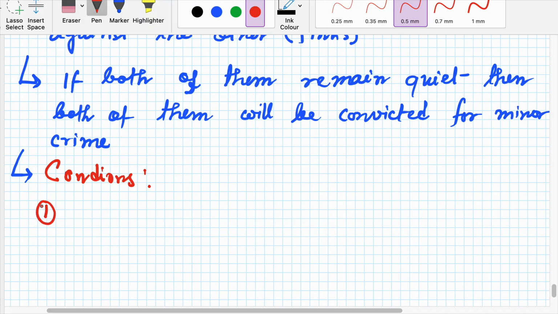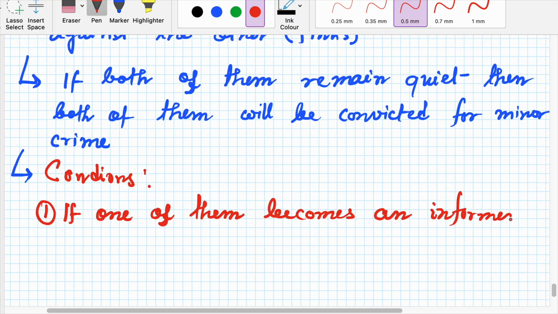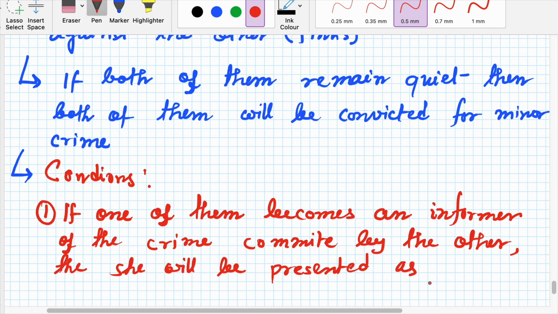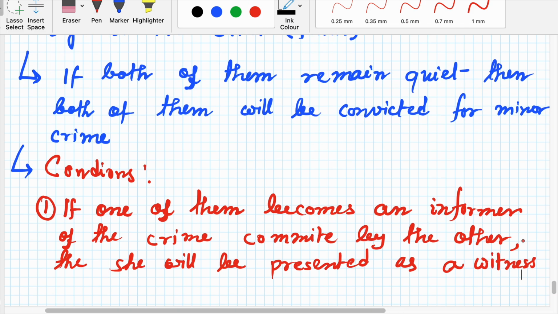The condition is, if one of them becomes an informer against the crime committed by the other, then he will be presented as a witness before court, as a witness against the other.